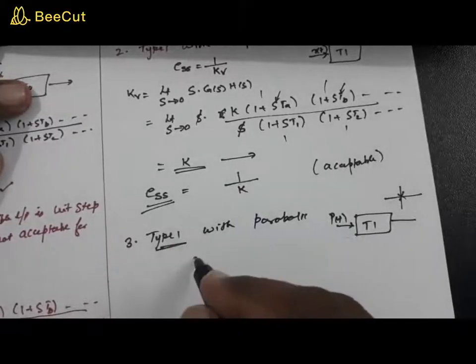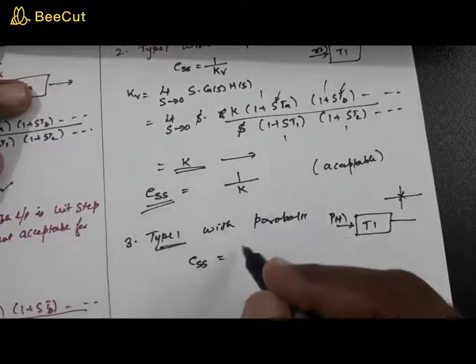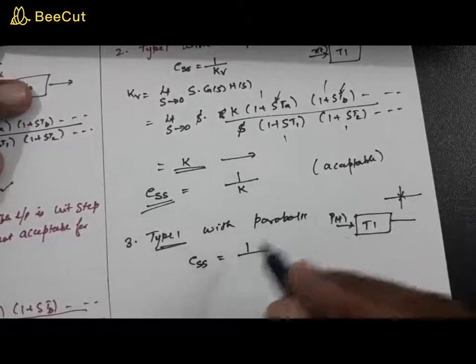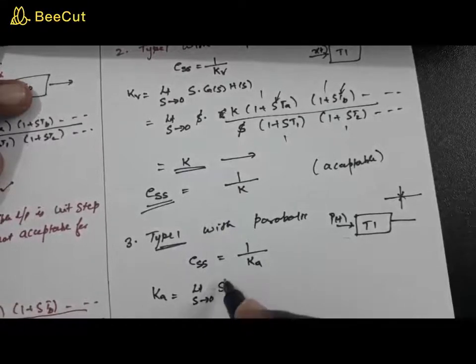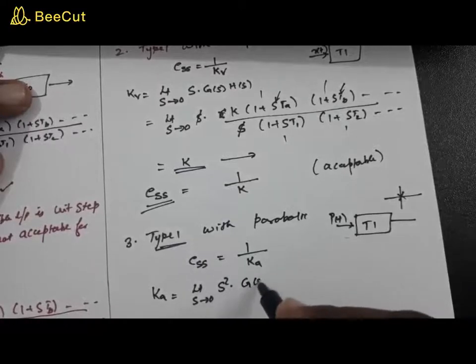Now we know, from the previous video, that the steady state error for parabolic input is given by 1 by Ka, where Ka is defined as limit s tends to 0 of s square into G(s)H(s), right?